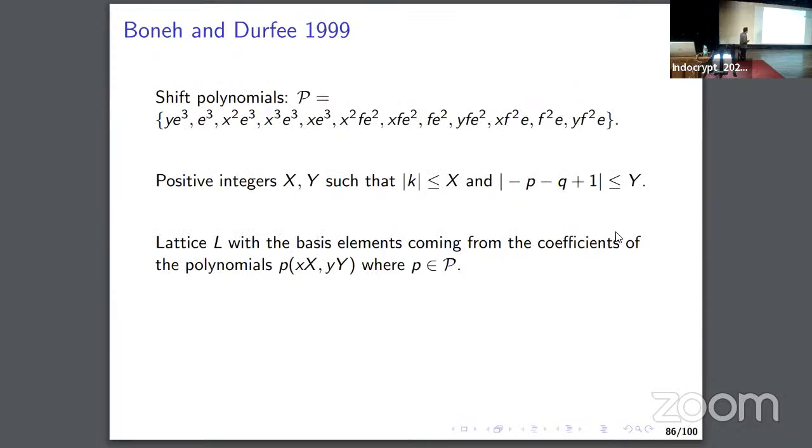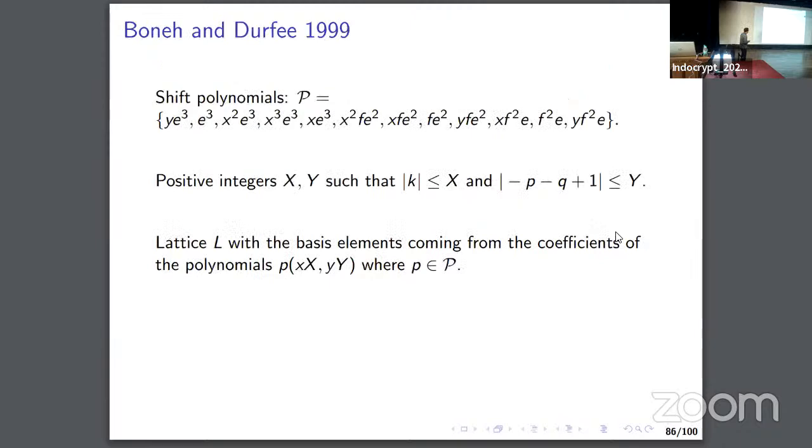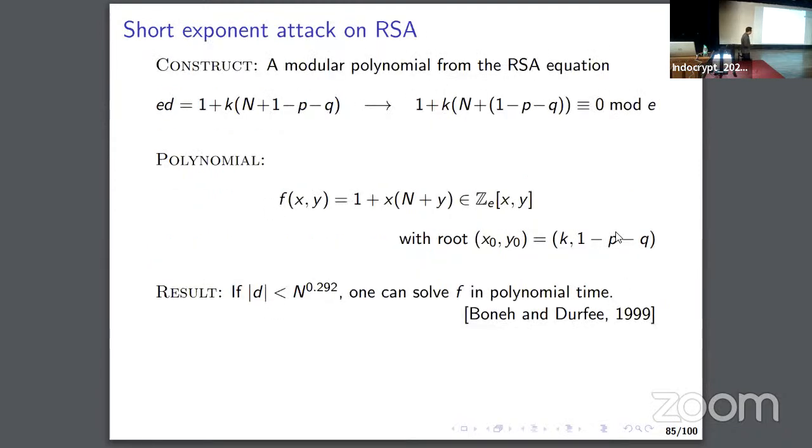So what is their idea? This is our polynomial, this is our f. From this polynomial, just construct these 12 polynomials. Okay, so p and q are both around n to the power half, so p plus q is around n to the power half.